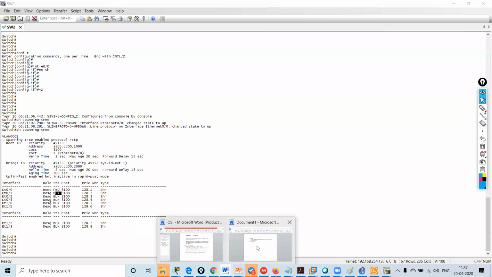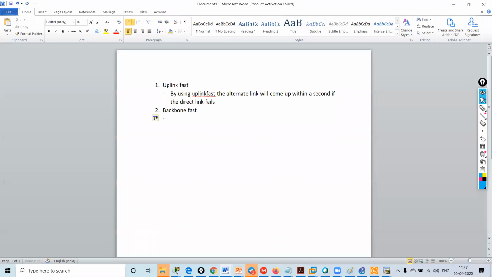So backbone fast is something by using which the switch will send a TCN, topology change notification, to other switches, and it will bypass the blocking state, and within 30 seconds the alternate link will come up.